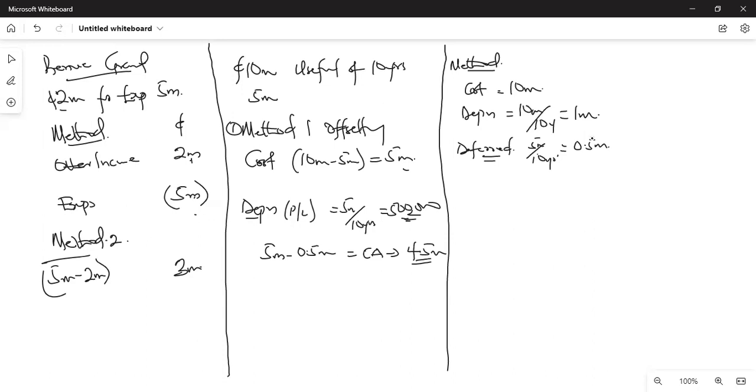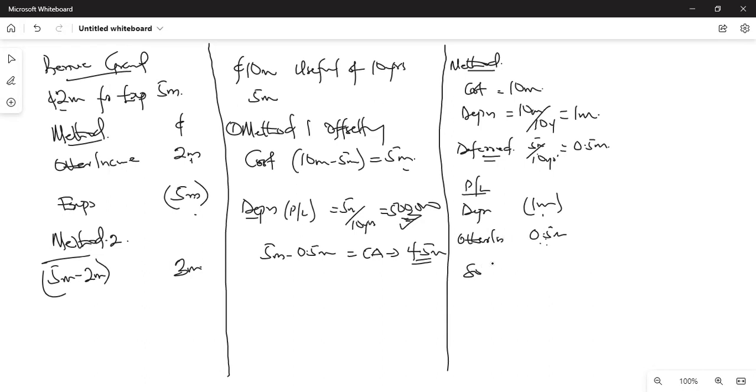In that case, what you now present in your P&L will show depreciation of 1 million, and you have other income, being your grant amortized, of 0.5 million. So you see 1 million, you less 500,000, and the net is also 500,000.